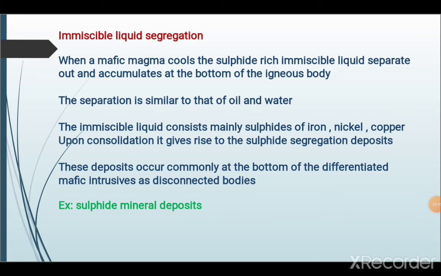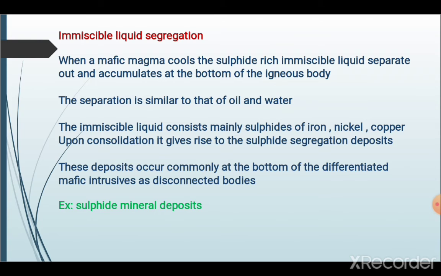Another process in late magmatic deposits is immiscible liquid segregation. In this process, when a mafic magma cools, the sulfide-rich immiscible liquid separates out and accumulates at the bottom of the igneous body. This separation is similar to that of oil and water.